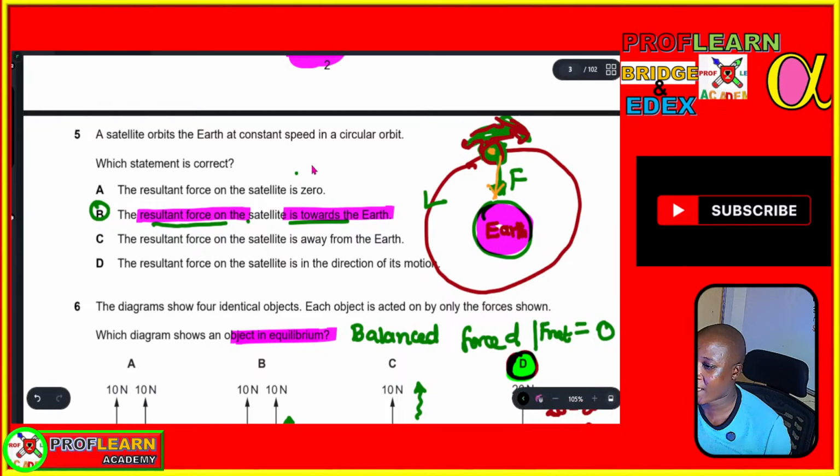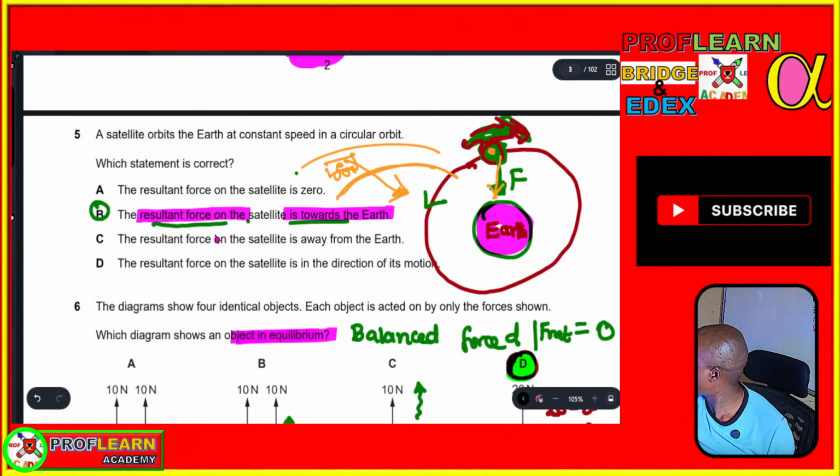Even if they ask a question whereby a car is negotiating a corner, you are only going to say the force that is keeping this object on track in the circular path is the force directed to the center. So the force is going to be frictional force here to keep this in circular motion.